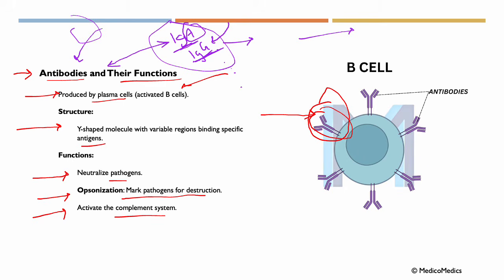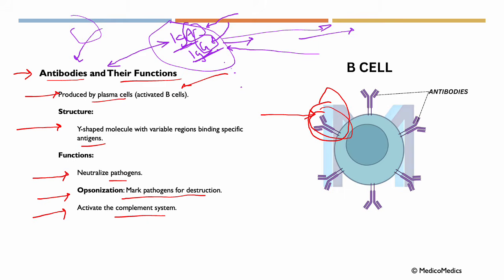So we keep using the word specific because we're talking about the adaptive immune system, which is specific. And therefore, these different types of immunoglobulins come about because they are specific for certain pathogens.